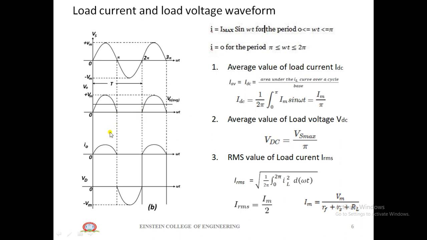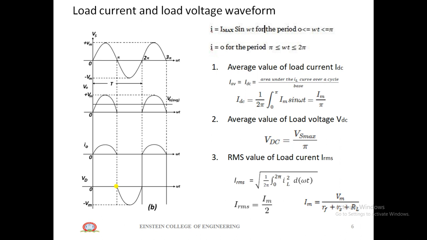During that time, there won't be any output current. And this is the reverse peak voltage across the diode. When the diode is in reverse bias condition, there will be a reverse peak voltage.